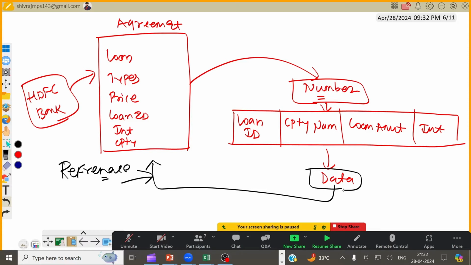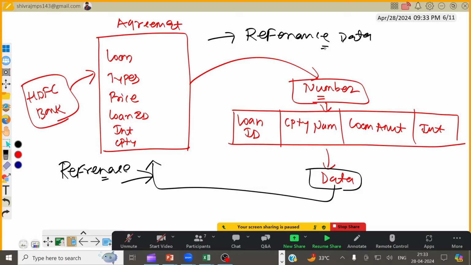So here you can say reference plus data, combined you can call it reference data. Reference data helps any institution to track their customers, track their counterparties, track their employees, track everyone.